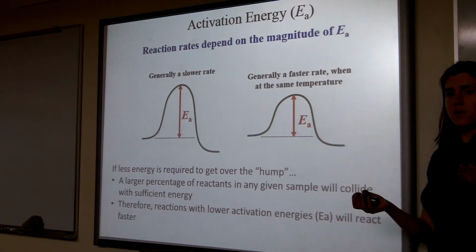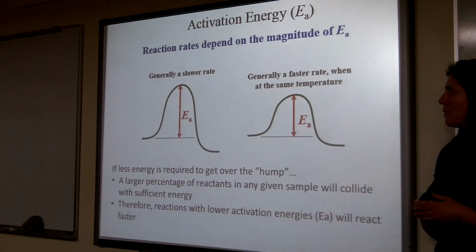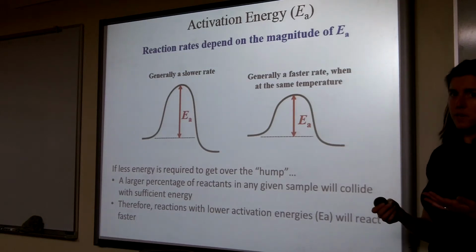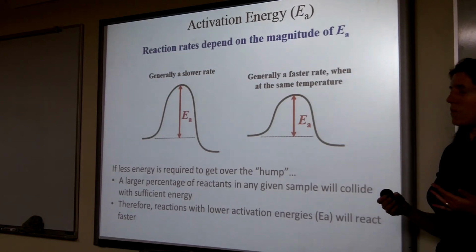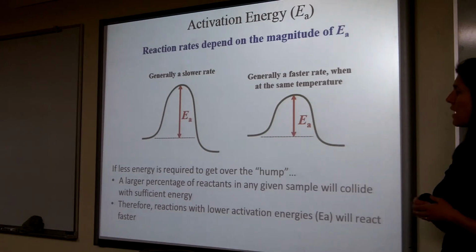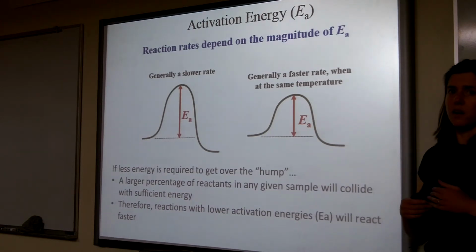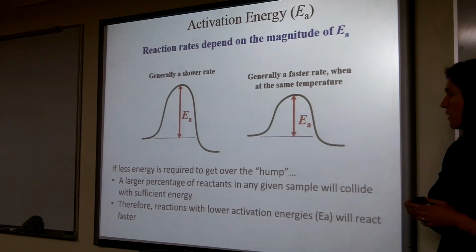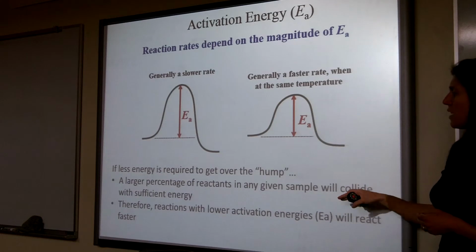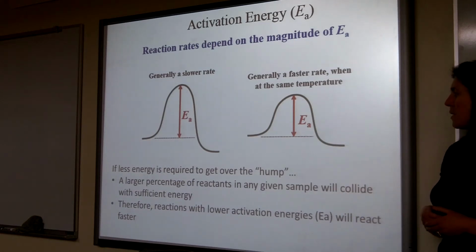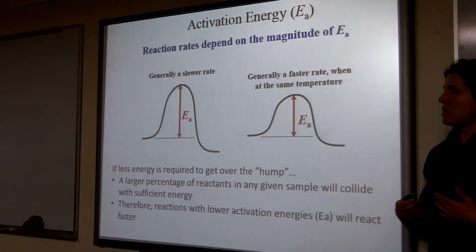If you're comparing two samples at the same temperature and same concentration, so all other things held equal, the one with the lower activation energy will react faster because we've got a lower threshold energy required. Another way of putting it, a larger percentage of reactants in a given sample will collide with sufficient energy to react.